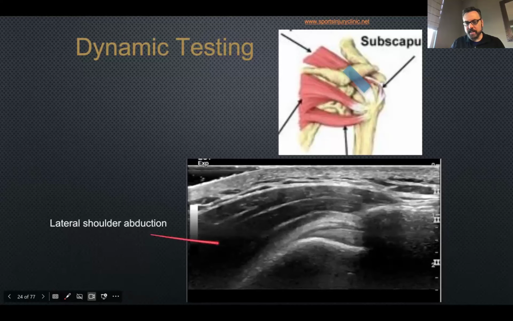This is the overlying deltoid muscle, and of course, subcutaneous fat and then skin. But if there were a subacromial bursitis, or any kind of impingement, you would see approximation of the acromion in relation to the humeral head, and you might see some damage to the supraspinatus tendon as it's being pulled backwards.